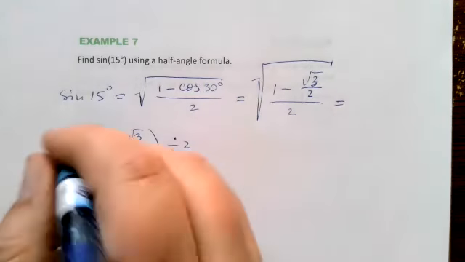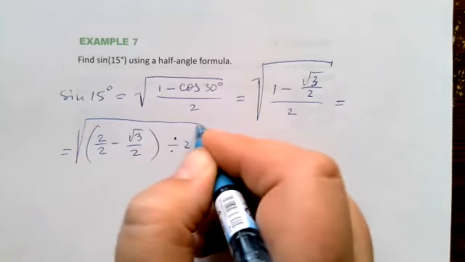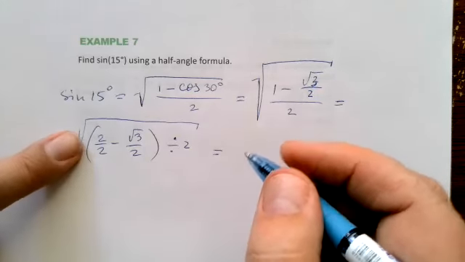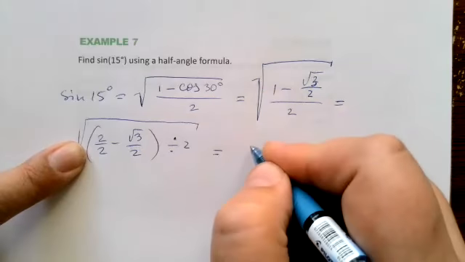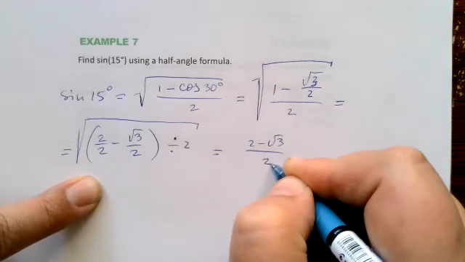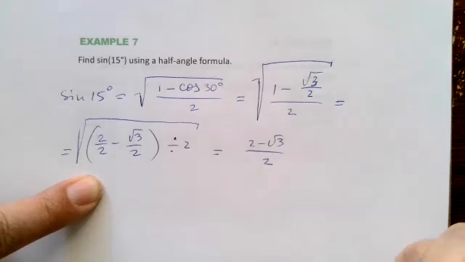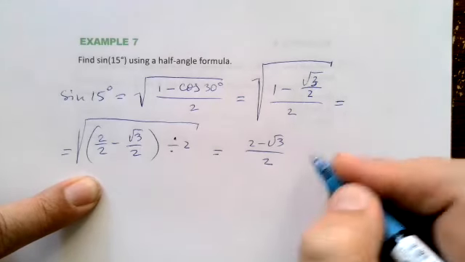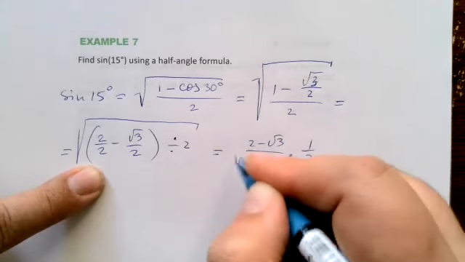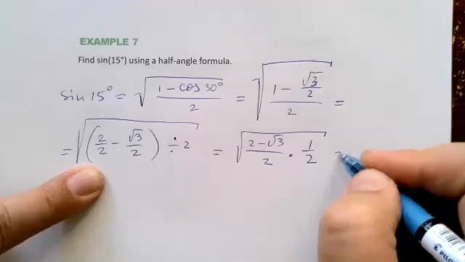Divided by 2, right? And this whole thing is under the root. Don't forget. So here I'm going to have 2 minus root of 3 over 2. And then remember that to divide by 2 is the same as to multiply by its reciprocal, 1 over 2. We're still under the square root.